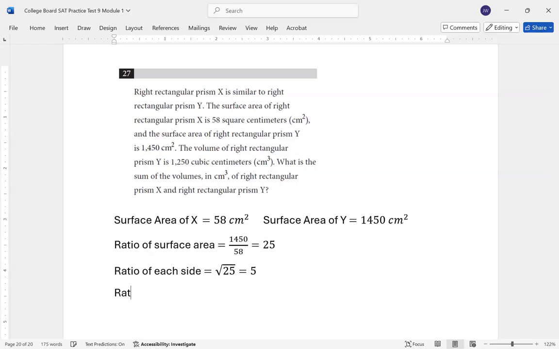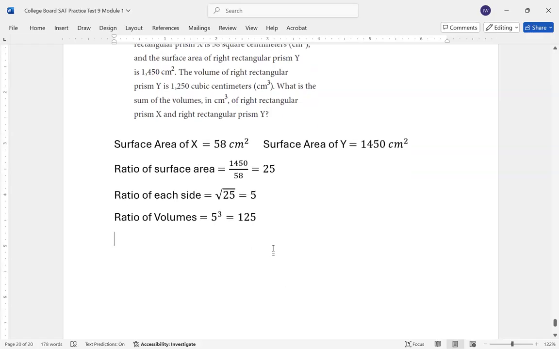And lastly, that means the ratio of the volume of the figure is going to be 5 cubed, which is 125, since the ratio of the surface area is 25. Area is in squared centimeters, side lengths are in centimeters, volumes are in cubic centimeters.